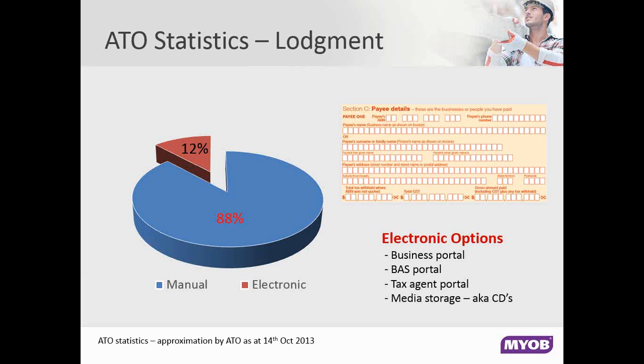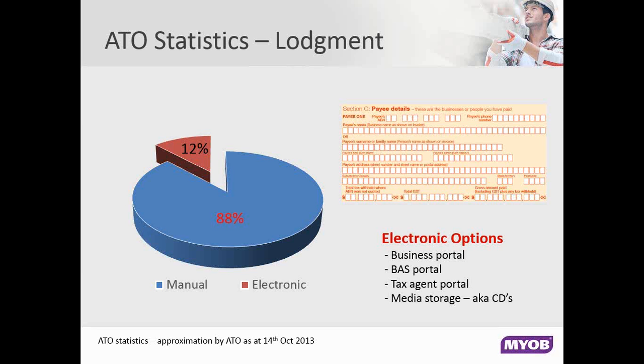If 88% of people completed the manual reports, they're sitting there with 5, 10, 20 contractors completing them through. It would take you probably an hour or two to actually comply with the law and fill out that information and ensure it's all correct, and then mail it to the ATO.